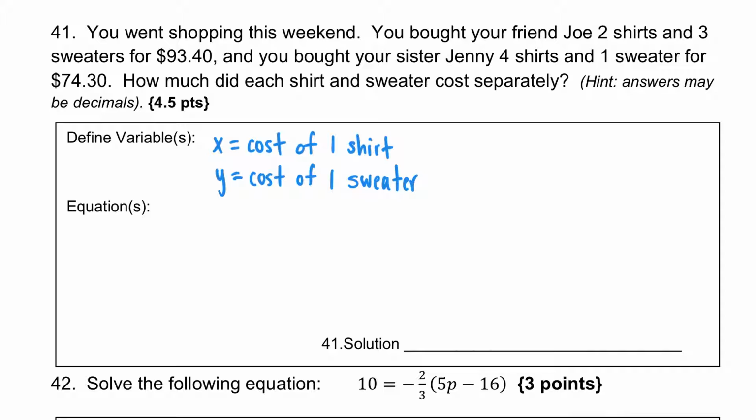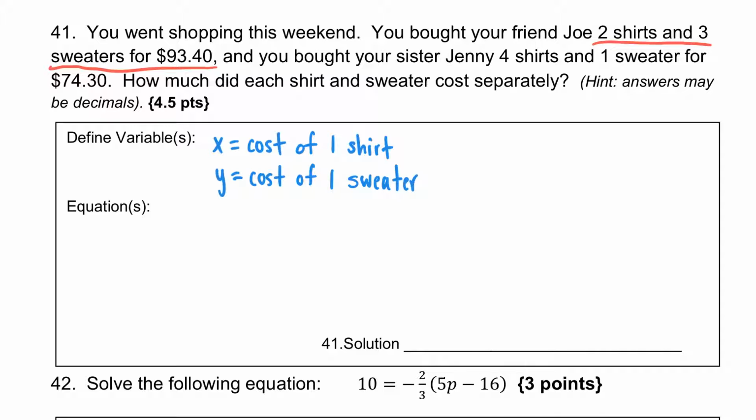And then what I'm going to do is set up a couple equations that use that information. So let's look up here. It says Joe, so we bought Joe 2 shirts and 3 sweaters, and it was $93.40. So 2 shirts and 3 sweaters was $93.40.